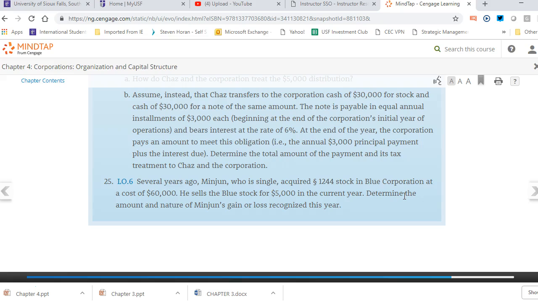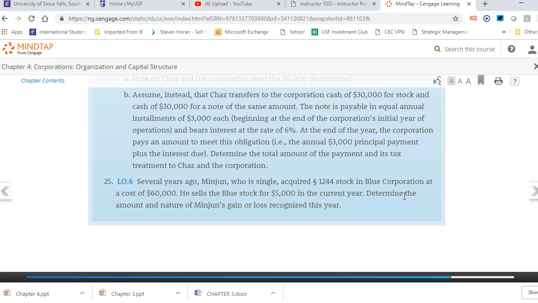That realized loss, though, because this is what they call small business stock, up to 50,000 of that for a single individual, Min Jun single, or $100,000 if this was a married person, is given ordinary treatment. It's a big loss, but the good news is that he can use 50,000 of that loss. So the loss is 55,000, but he can use 50,000 of it to offset ordinary income.